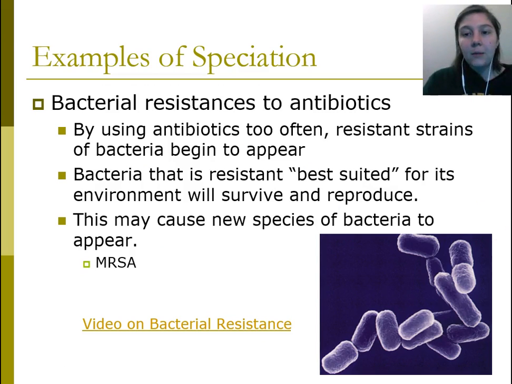Another example that we are dealing with today of speciation is bacterial resistance to antibiotics. Because antibiotics are very prevalent in our society today, like you can go to the doctor whenever you're sick and they'll just give you a prescription for antibiotics. Also, a lot of the meat that we consume is given antibiotics because of the way that we raise those animals.